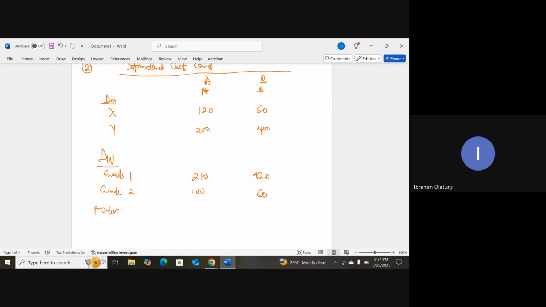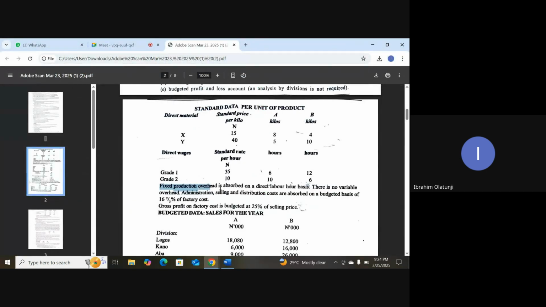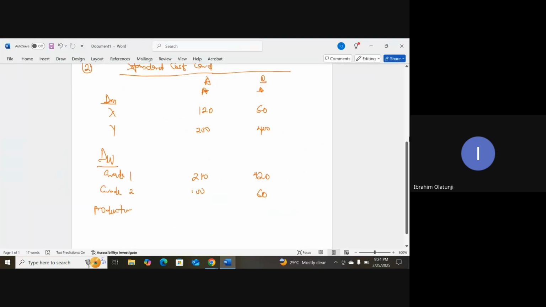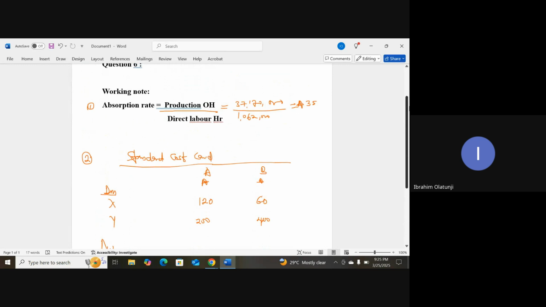The production overhead needs to be absorbed on a direct labor hour. And we've already computed that the rate is 35 naira. Let me turn this one to working.